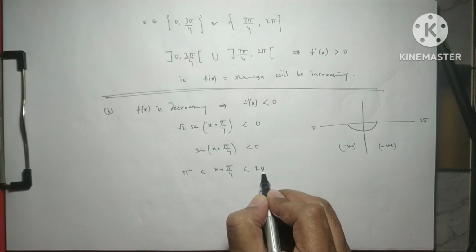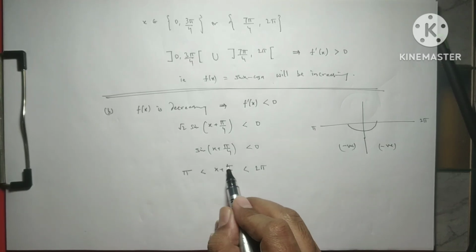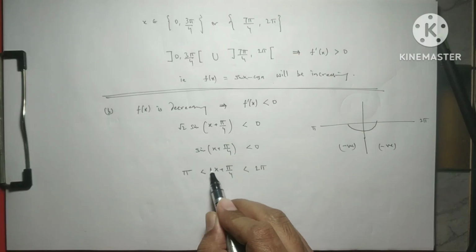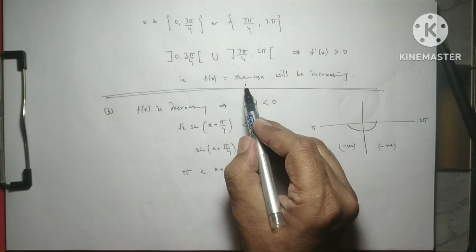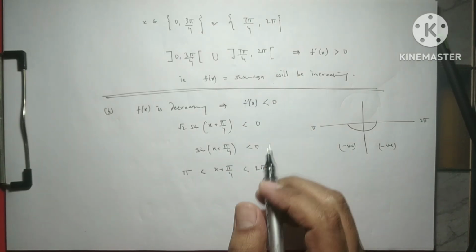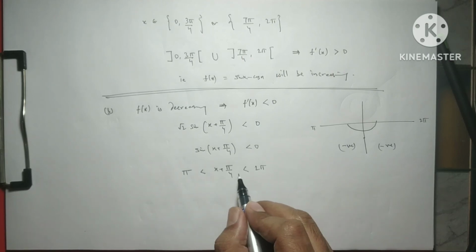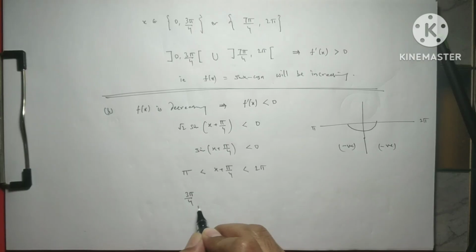So we have right now the variation of the x plus pi by 4 angle, but we want, according to the original function, that is sin x minus cos x, the variation of x. That's why we will subtract pi by 4 in this range. So we get 3 pi by 4 on subtracting pi by 4.